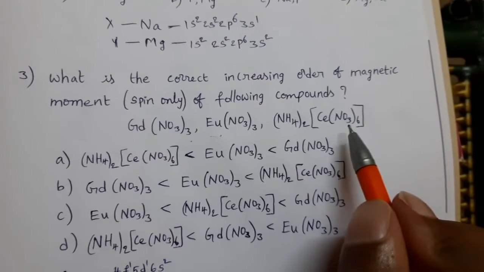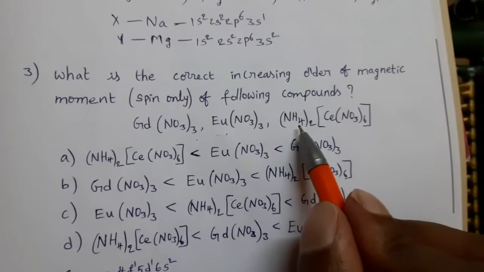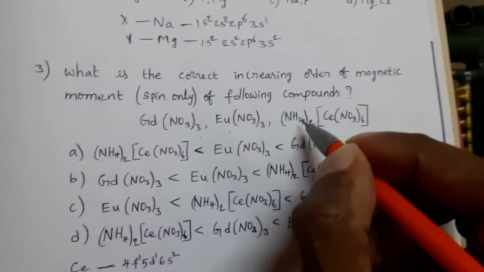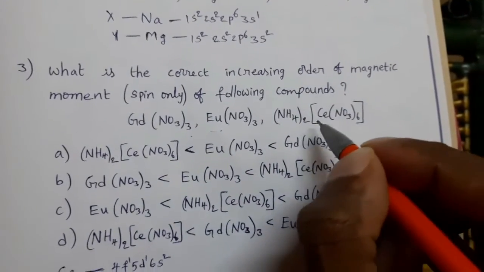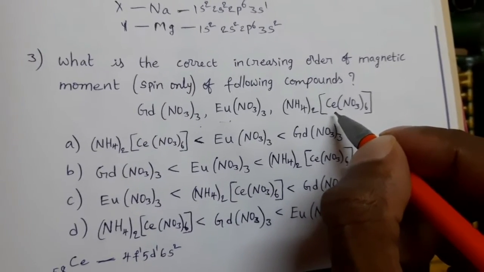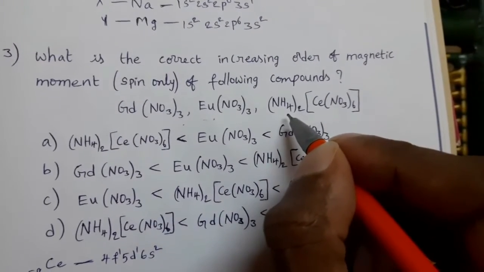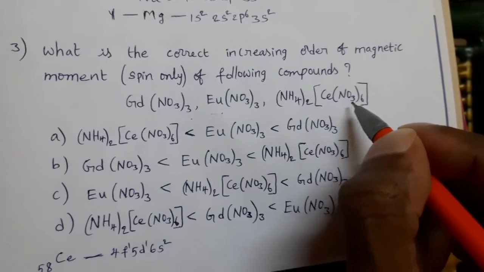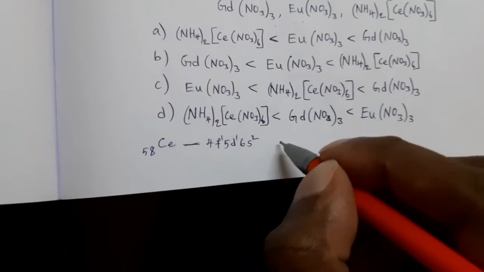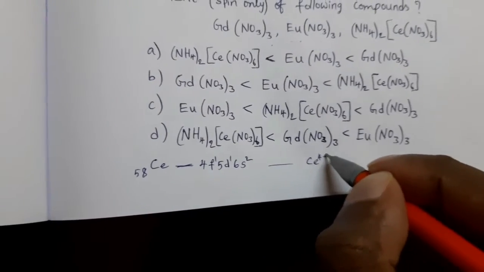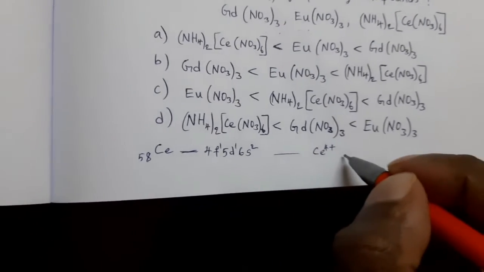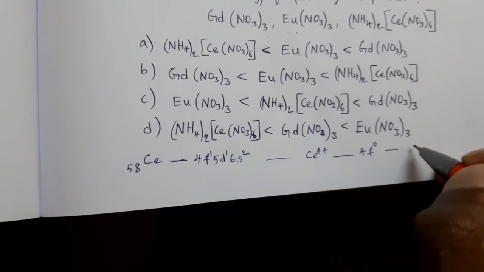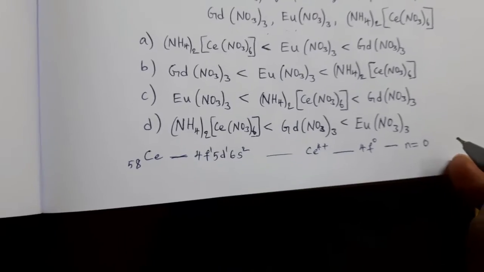So the negative charge is minus 6, NH4 plus twice, so plus 2 minus 6. The oxidation state of cerium is plus 4. Understand carefully. Plus 4 means all the electrons are removed. Then the configuration is 4f0. Number of unpaired electrons n equals 0.